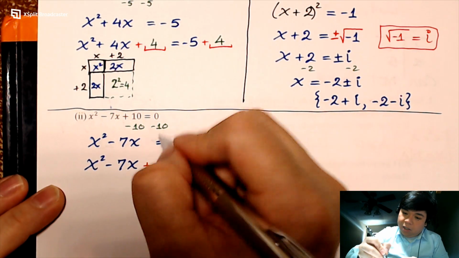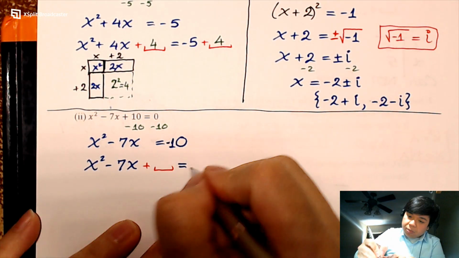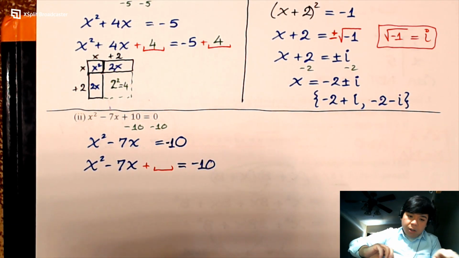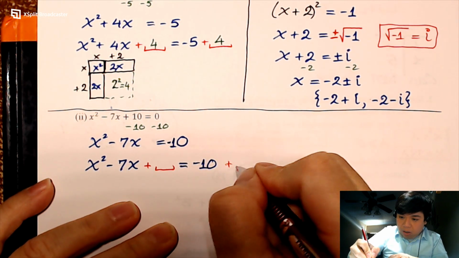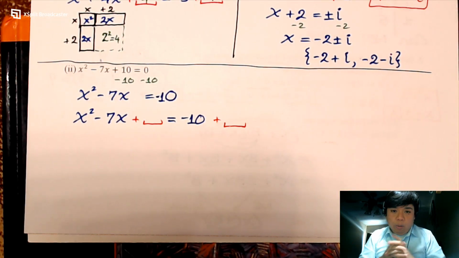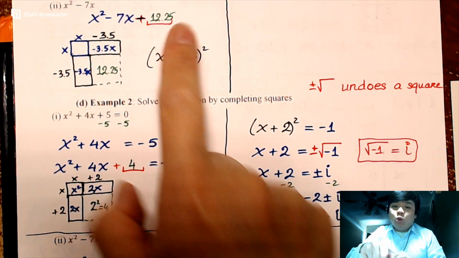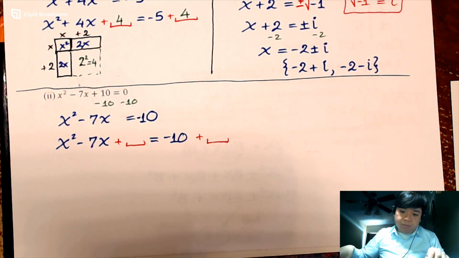We already did that. That will be 12.25. We're going to add that on both sides.